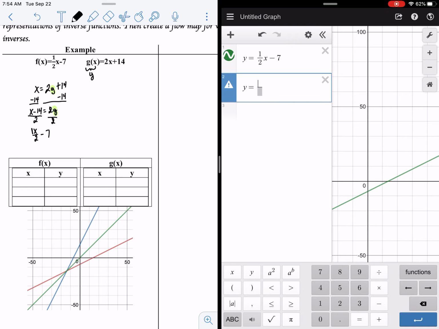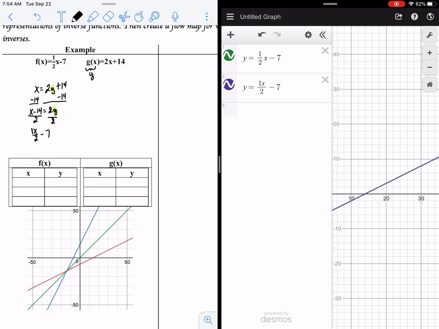So again, I have division, and I have 1x over 2, and then minus 7. And if you look, my green and purple graphs overlap. So therefore, I have indeed done this right.